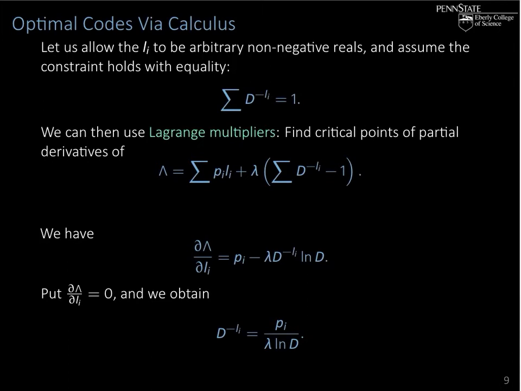The derivative of Lambda with respect to Li is just, as you see here, pi minus lambda times the derivative of this term for Li, which is D to the minus Li times the natural logarithm of D. Now we have to find the critical values of the partial derivatives, so we set this expression to 0 and then solve, and we obtain that D to the minus Li is equal to pi over lambda times ln D.